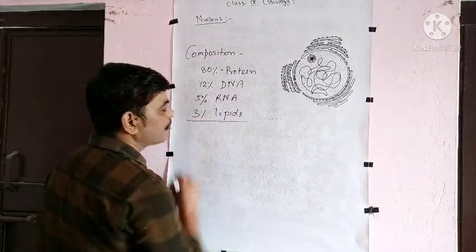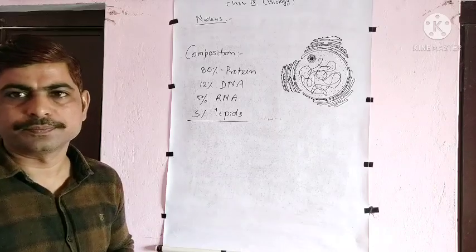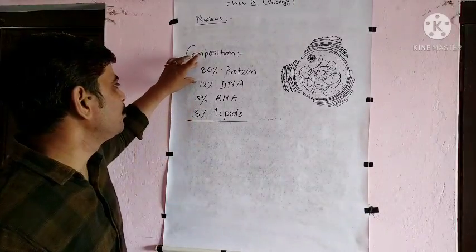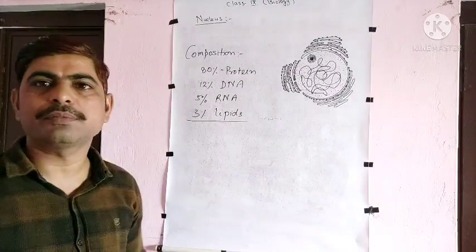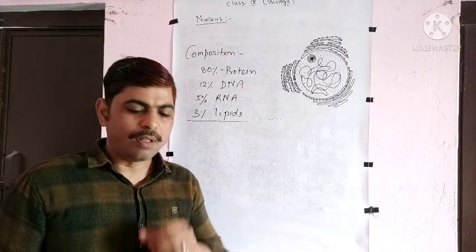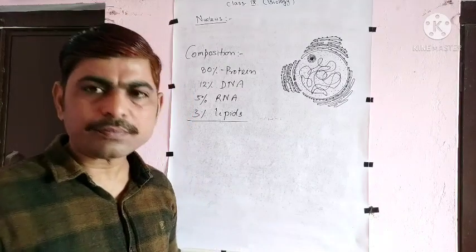This is the composition of the nucleus. Okay, 80% protein, 12% DNA, 5% RNA, and 3% lipid is present in the nucleus.